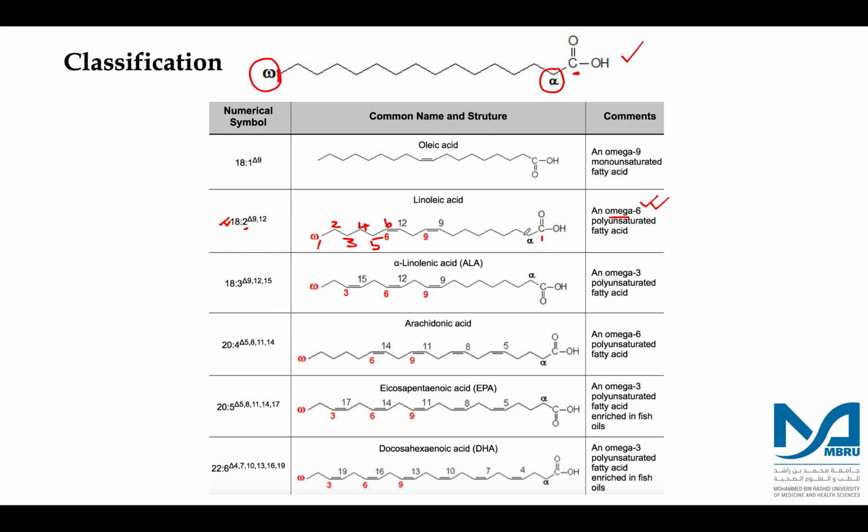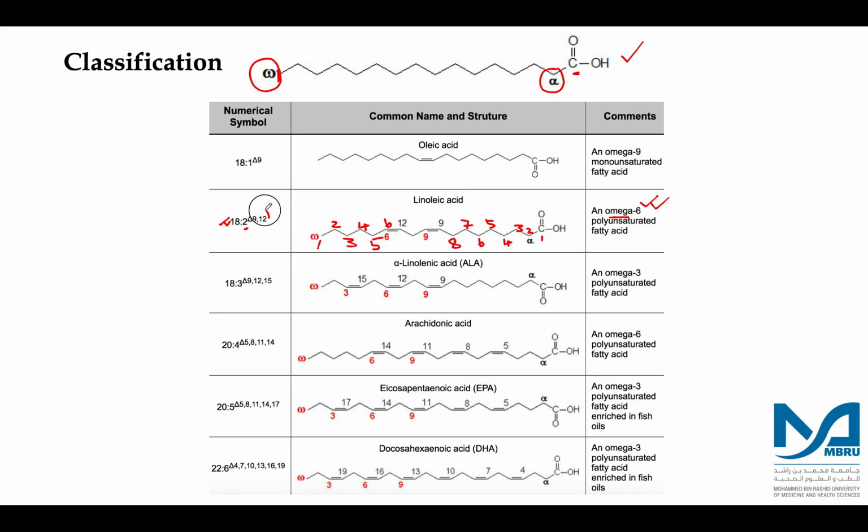So 1, 2, 3, 4, 5, 6, 7, 8, and we have the 9th position where I get the first unsaturation. So I write delta 9, 10, 11, and then we have the 12th position where there is another unsaturation. So the numerical symbol for this particular fatty acid is 18:2, delta 9, 12.